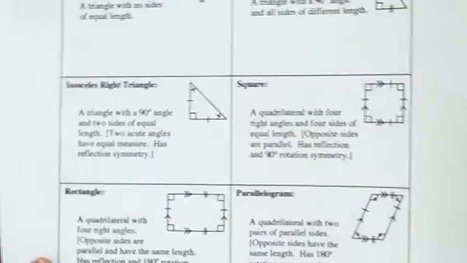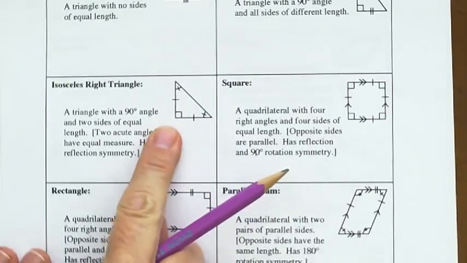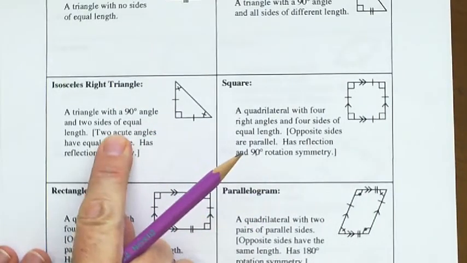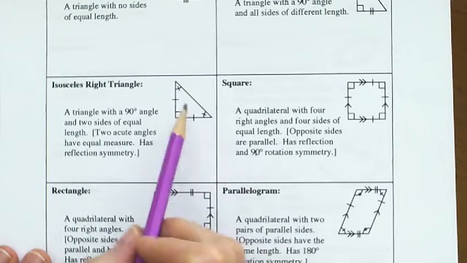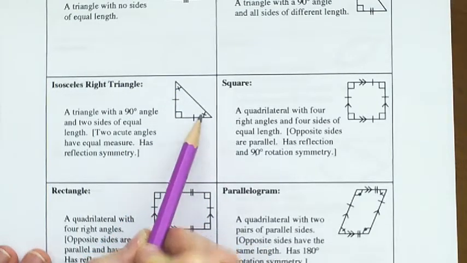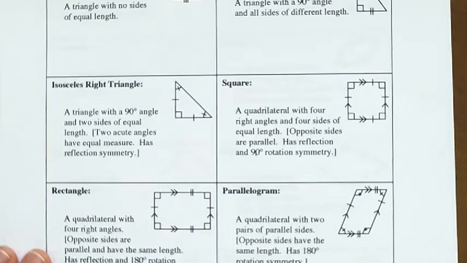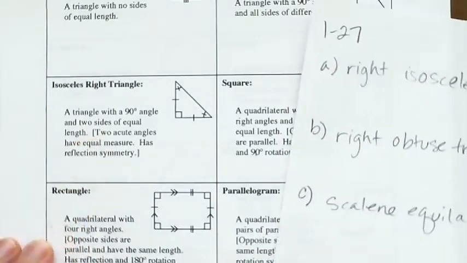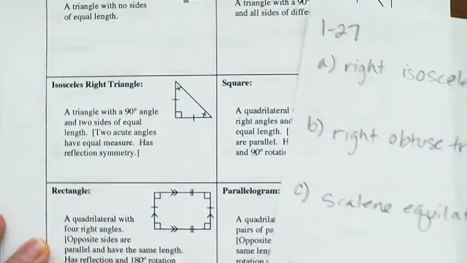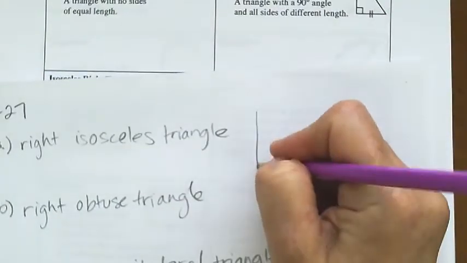Here it is. Isosceles right triangle has a 90-degree angle, 2 sides equal length. These 2 angles here would be equal, and it does have reflectional symmetry. So this is the main part that you need to know. Triangle with 90-degree angle, 2 sides equal length. So let's just sketch that really quickly.